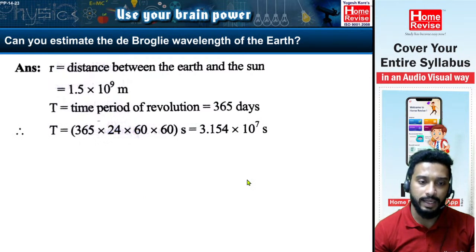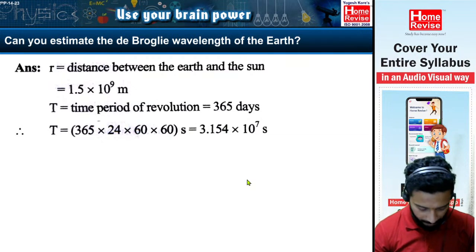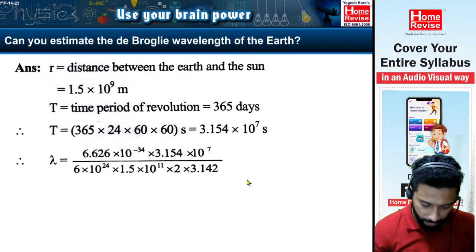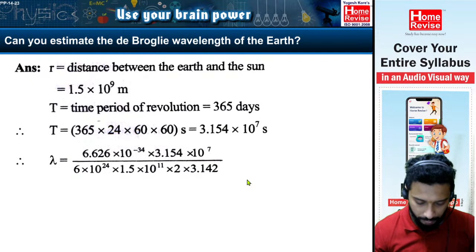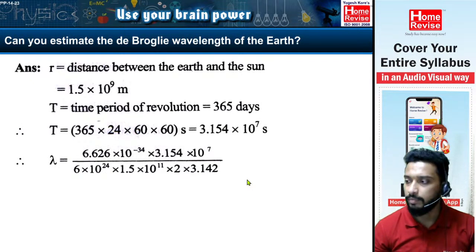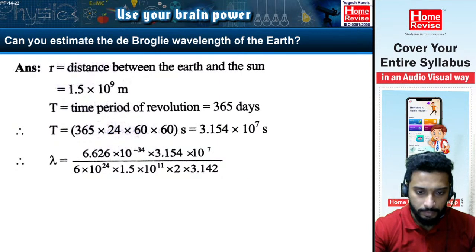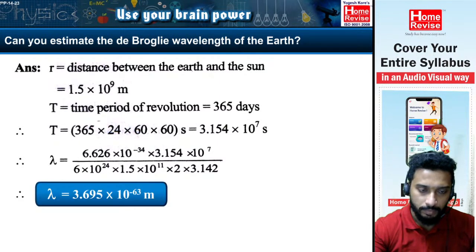Therefore, T is equal to 365 into 24 into 60 into 60 seconds, which is equal to 3.154 into 10 to the power 7 seconds. Therefore, lambda is equal to 6.626 into 10 to the power minus 34 into 3.154 into 10 to the power 7, which gives lambda equal to 3.6.